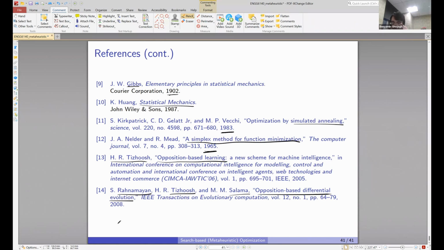We have a lot of them, various metaheuristic optimization algorithms, some of which were mentioned here. For example, we have differential evolution. We have taboo search, where we have a taboo table of solutions we don't want to go to, and we put them in the taboo table so they become taboo. We don't go toward those solutions.